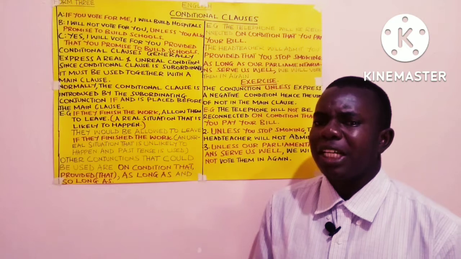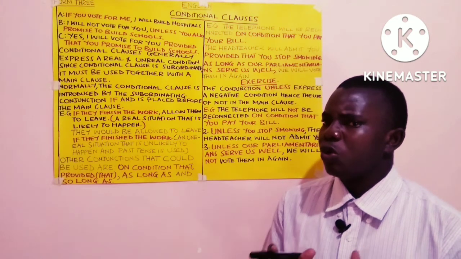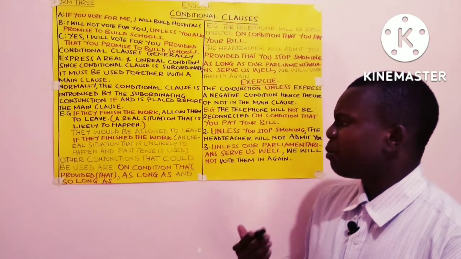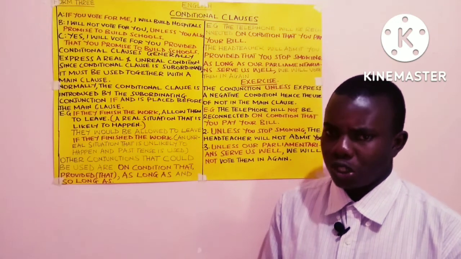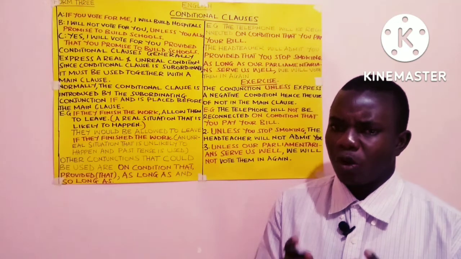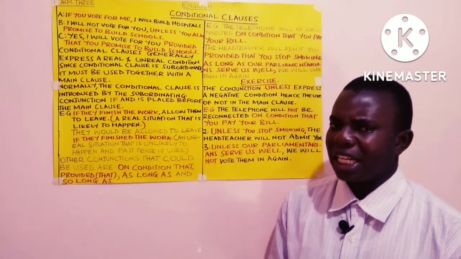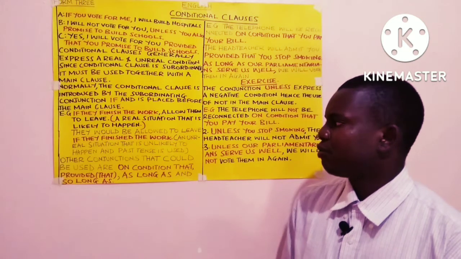Apart from the conjunction if introducing the conditional clauses, there are some other conjunctions that could be used to introduce the conditional clause. They can replace if or can be used instead of if.